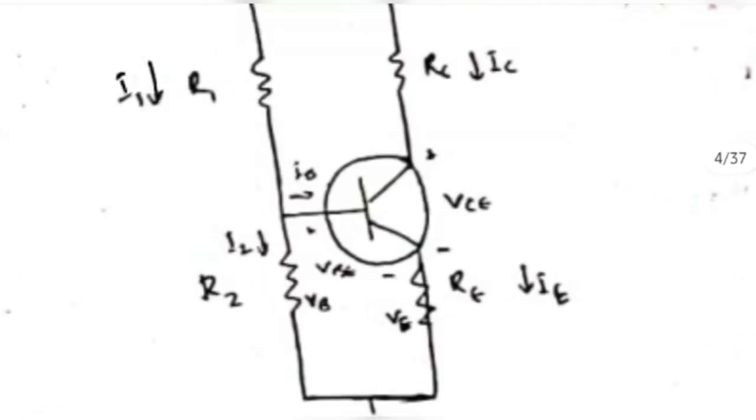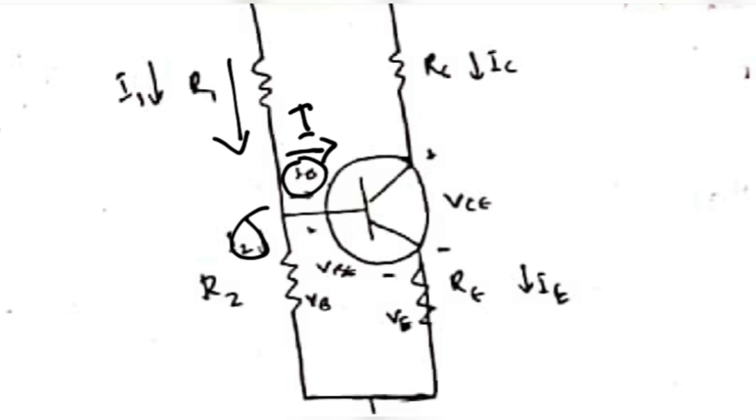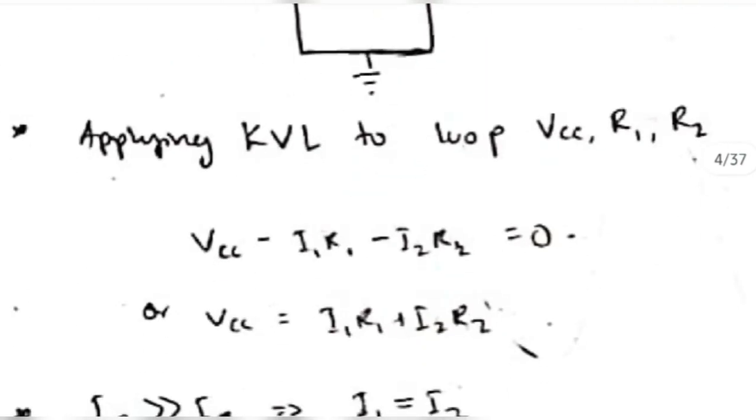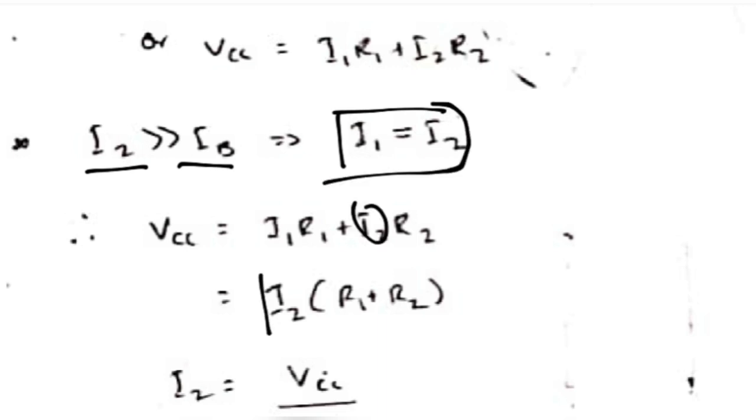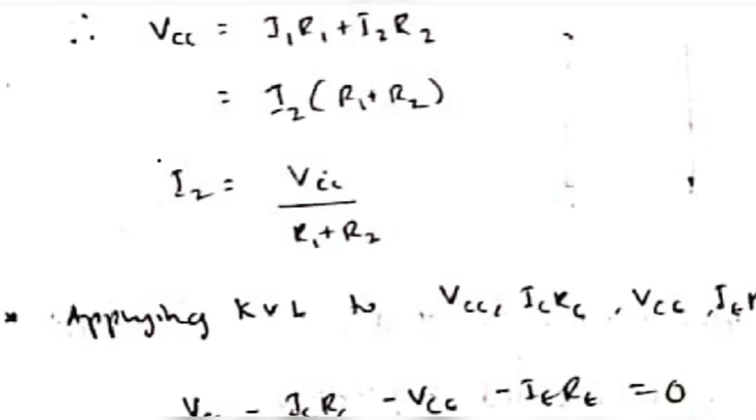Now observe here, the I1 current is getting divided into IB plus I2, but IB is very low, so I1 is approximately equal to I2. I2 is very much greater than IB, so I1 is approximately equal to I2. We will substitute the value of I1 as I2, and by this equation we can find I2.